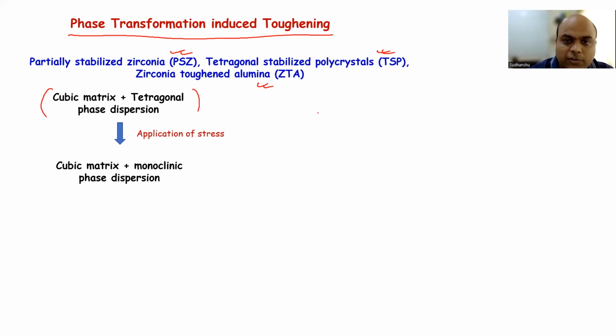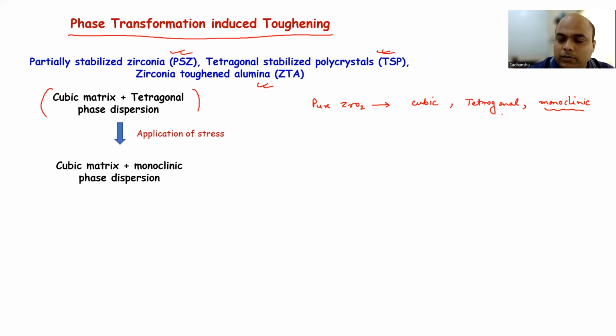Okay? So if you see pure zirconia, it is going to have three allotropes. You are going to observe cubic, that is at high temperature, then tetragonal, then monoclinic. Okay, and monoclinic is stable at, say, room temperature.